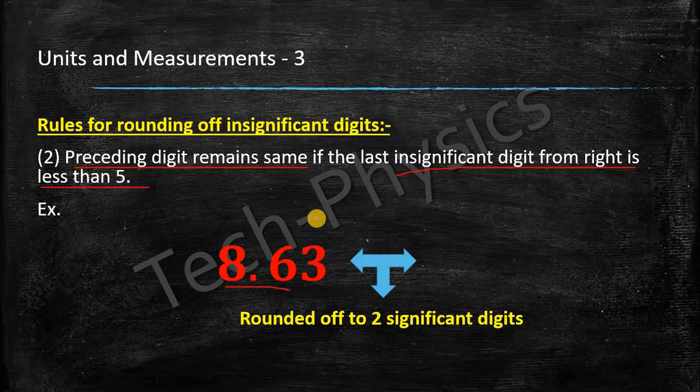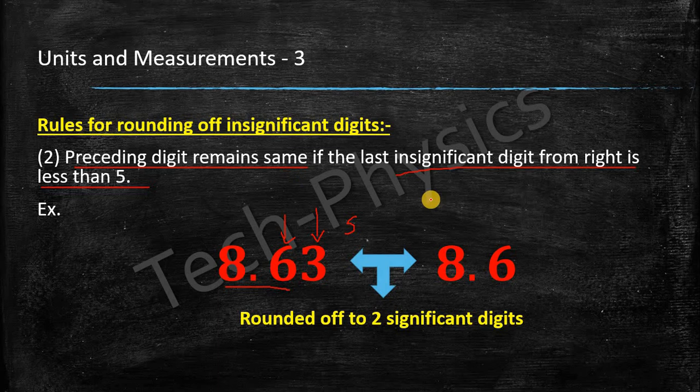This is our last insignificant digit from the right, and this is the number which has to be rounded off, the preceding digit. Now this preceding digit 6 will remain the same. Why? Because this 3 is less than 5. So if the insignificant digit from the right is less than 5, then the preceding digit remains the same.